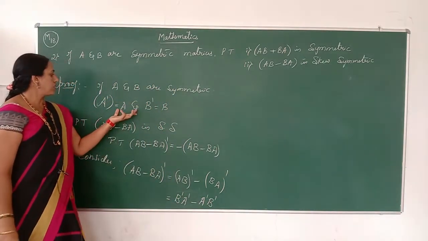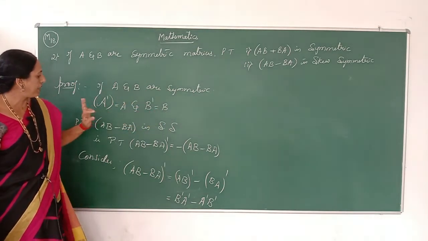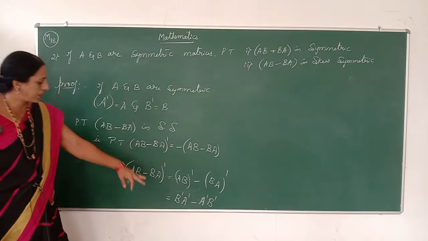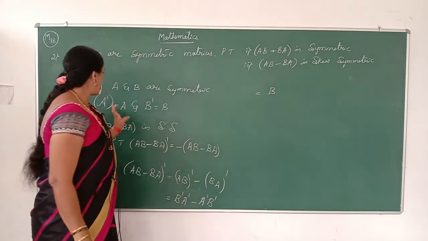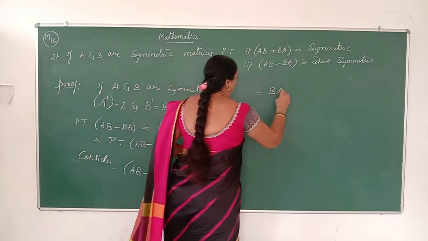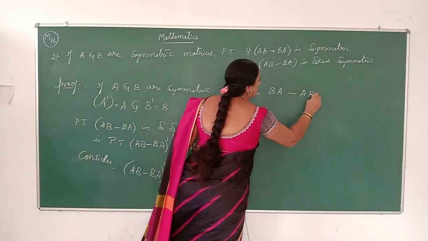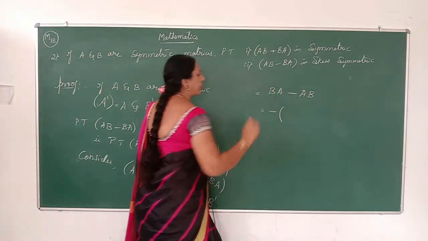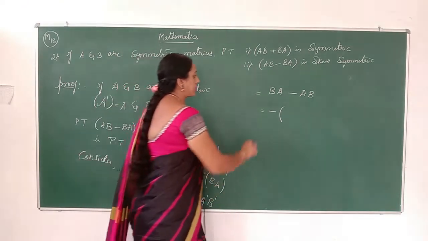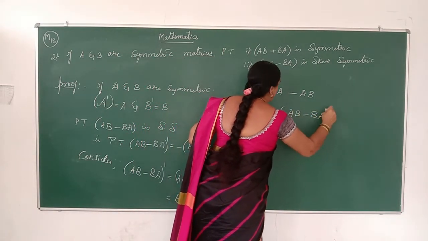Then by using the condition of symmetric matrix, B dash is nothing but B and A dash is nothing but A. So B dash is B, A dash is A, minus, again A dash is A into B dash is B. Then in these two terms, the negative is a common factor, so it can be written as minus of (AB minus BA).